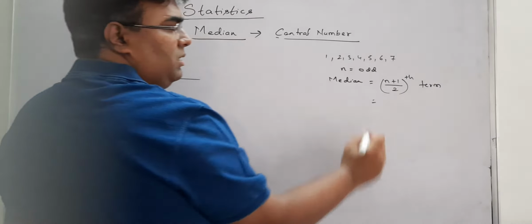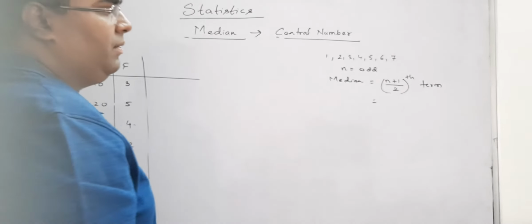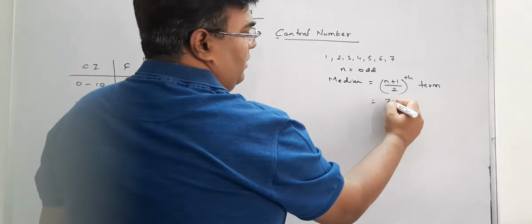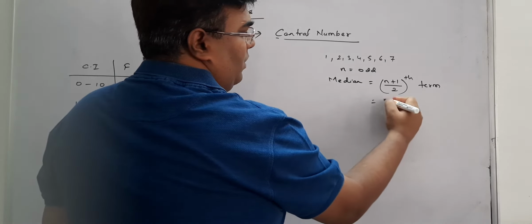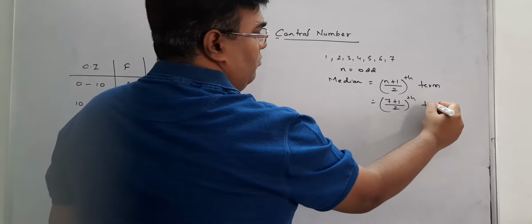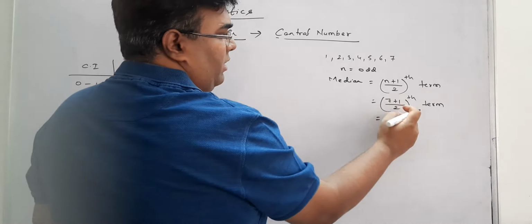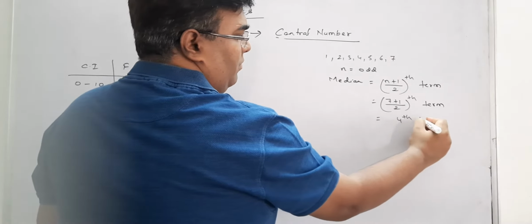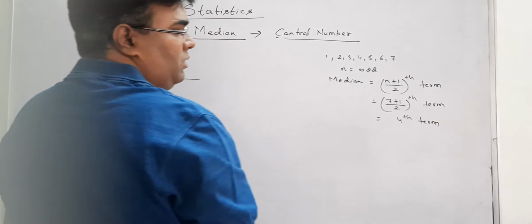In this case my n is 7. So we can write 7 plus 1 by 2th term, which is 8 by 2, means the 4th term. So my 4th term is what? 1, 2, 3, 4. So it is 4.